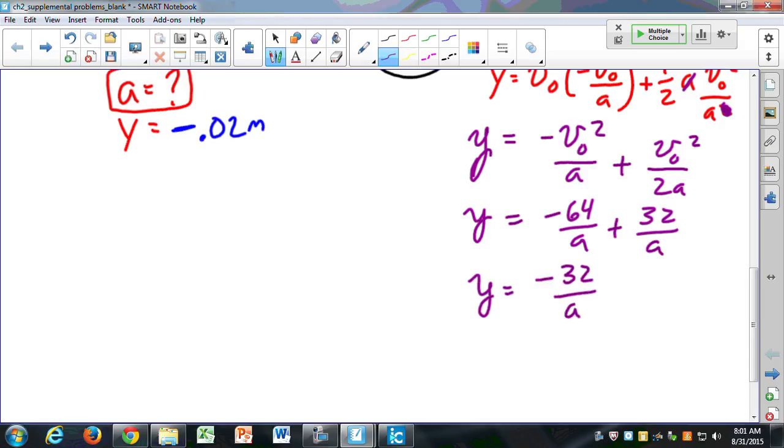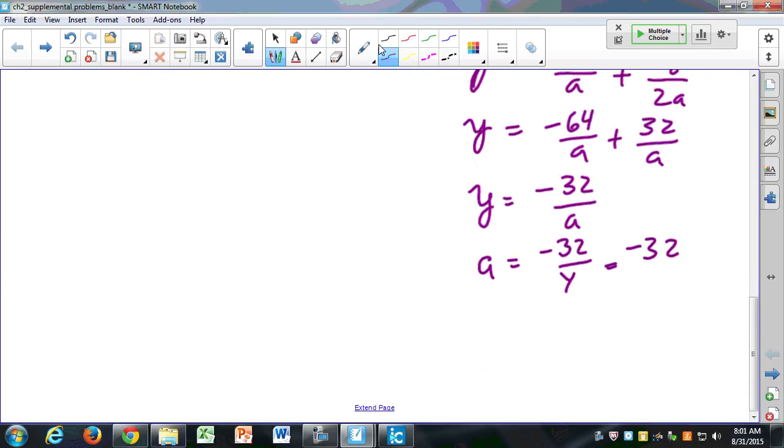I can add those two because they have a common denominator, and then I just solve for a. Negative 32 over y, negative 32 over negative 0.02. And that's equal to 1,600 meters per second squared.